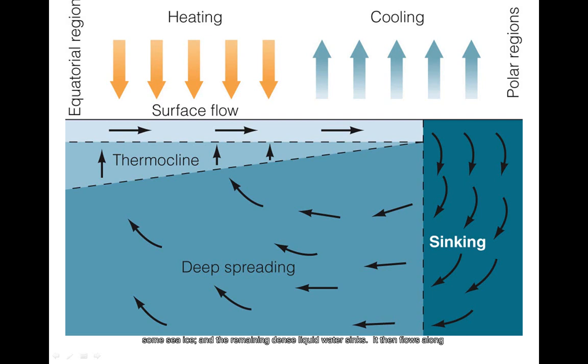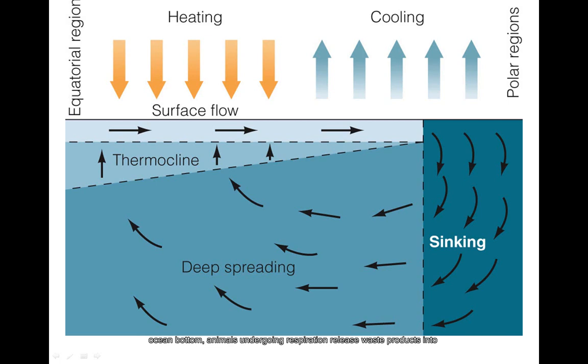It then flows along the bottom towards the tropics, where it very slowly over large areas rises back up to the surface. The sunlight warms this water, and it flows back towards the poles where the cycle can begin again. Now notice importantly that the ocean water sinks rapidly in small isolated locations near the poles, but then rises upwards very slowly, but over extremely large areas.